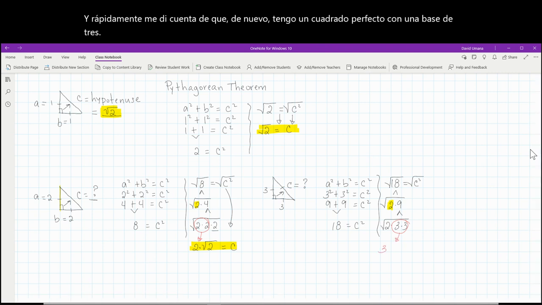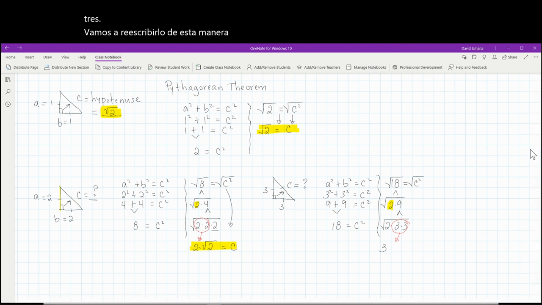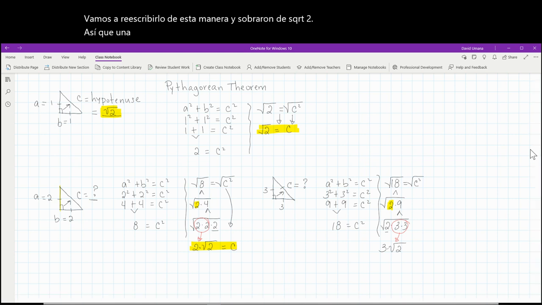Let's rewrite it this way, and a leftover of square root of 2. So once again, it seems that there is in fact an actual pattern.